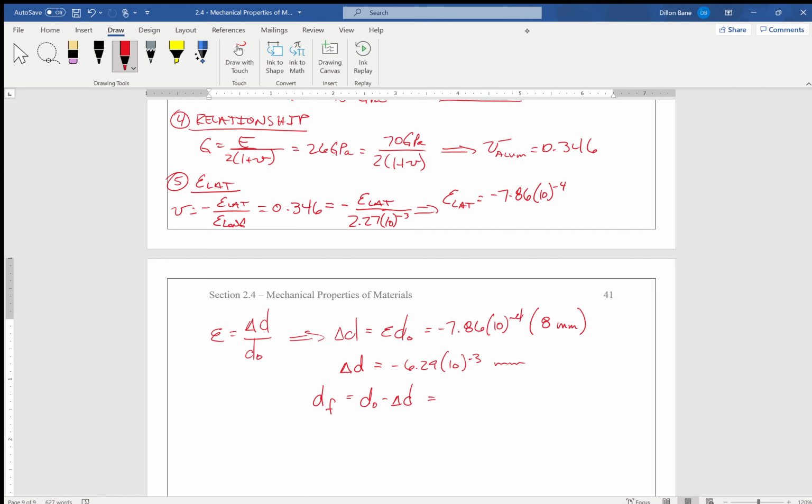So we take 8 millimeters minus this delta D in millimeters, and what we find is that our final diameter is 7.9937 millimeters. Okay.